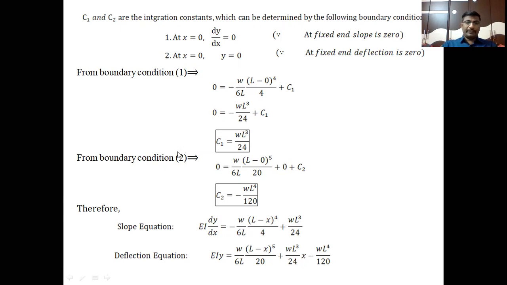Okay, from boundary condition 2, how do we get it? At x equal to 0, y is 0. If you substitute this boundary condition into our deflection equation, what is the deflection equation?